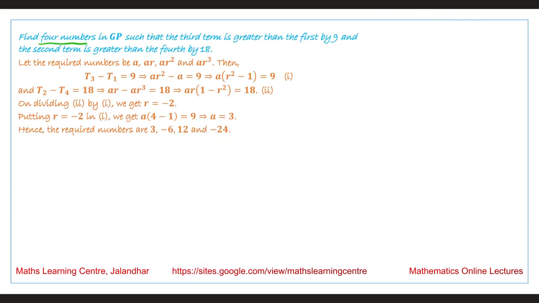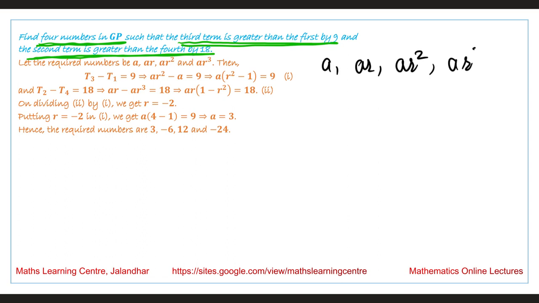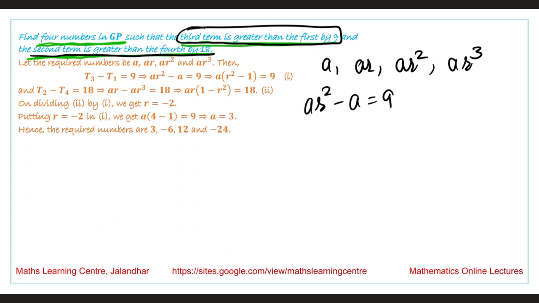Next: find 4 numbers in GP such that the third term is greater than the first by 9 and the second term is greater than the fourth by 18. Suppose the numbers in GP are a, ar, ar² and ar³. The third term is greater than the first by 9, so ar² − a = 9, and the second term is greater than the fourth by 18, so ar − ar³ = 18.